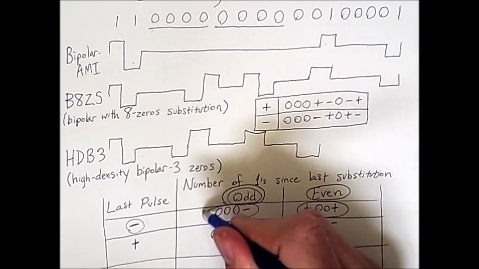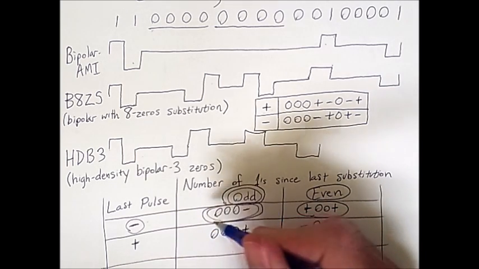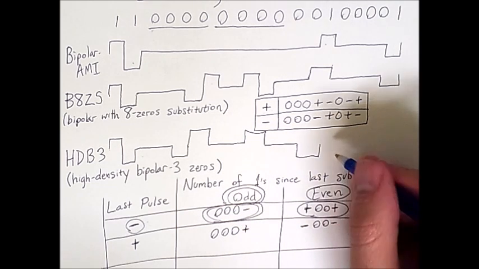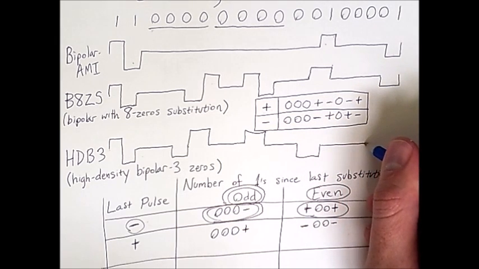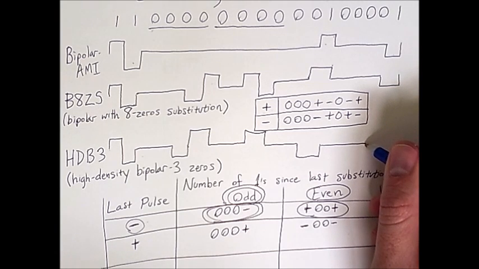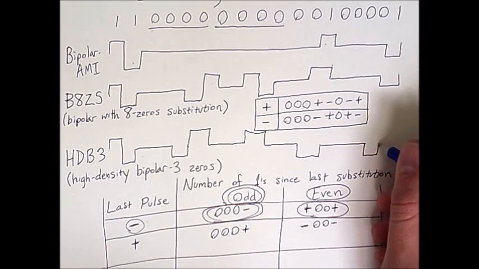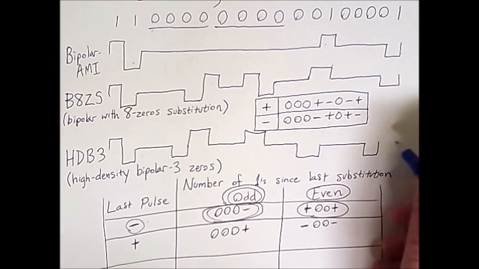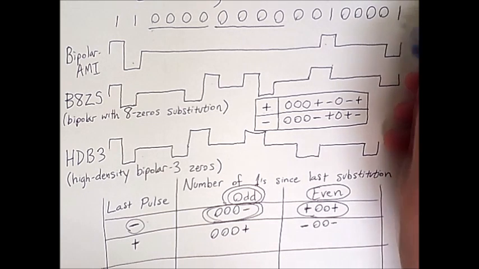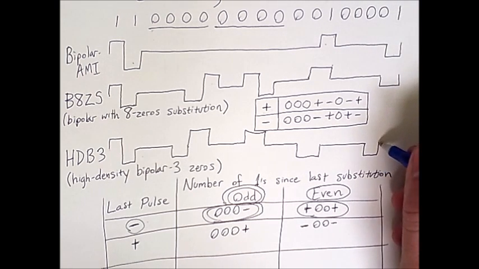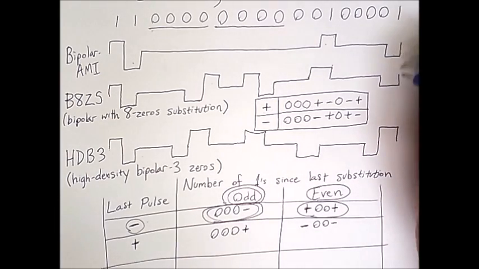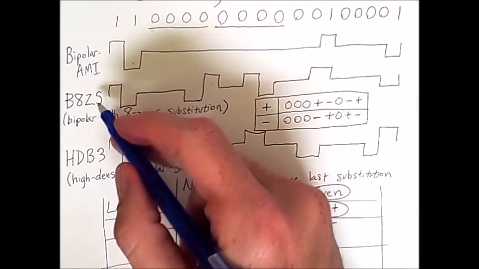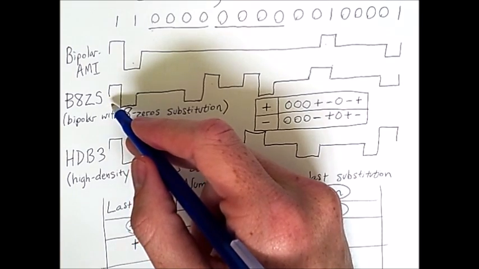So we actually have this exact same substitution occurring again, which consists of 3 zeros and then a negative pulse. And so this is a violation, so these 4 signal elements will be interpreted as zeros. And then at the end we have another 1, and because we just had a negative pulse, this 1 is encoded with a positive pulse, which once again differs from what was used in bipolar AMI and binary 8 with 0 substitution.